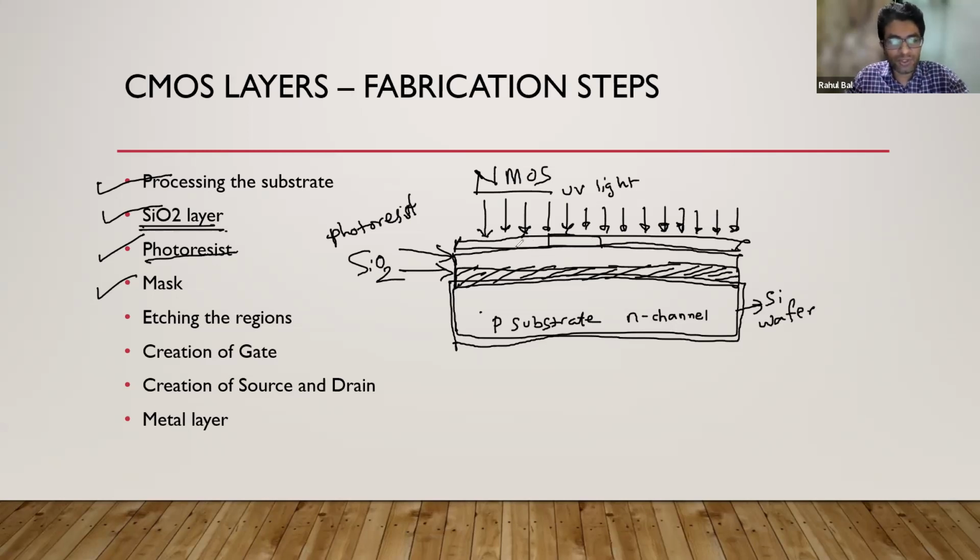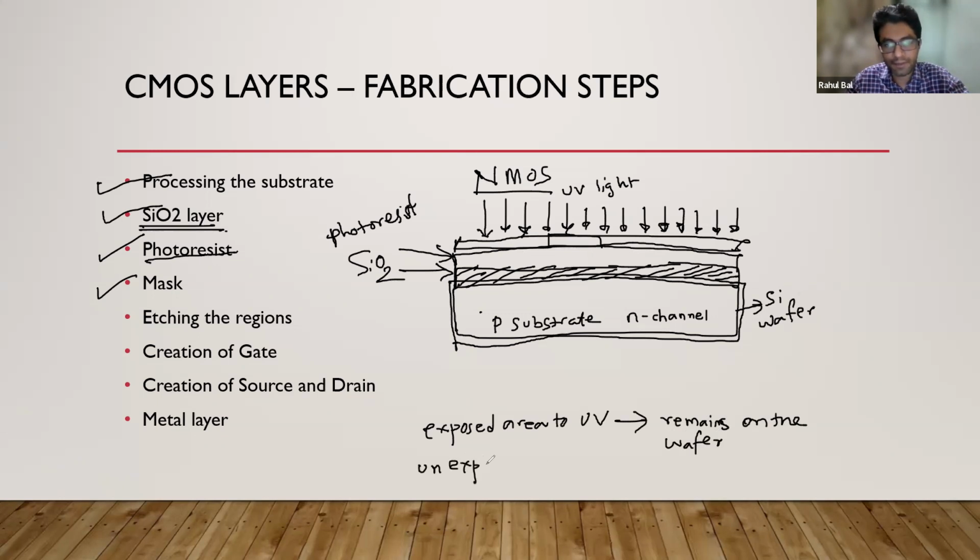The area which is exposed to UV light will remain as it is on the wafer, and the area unexposed to UV light will get removed.